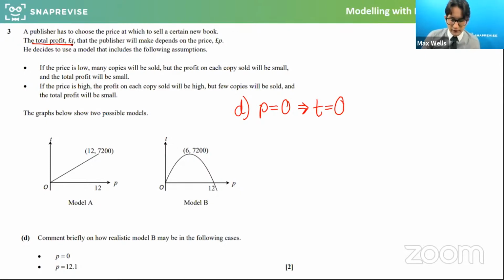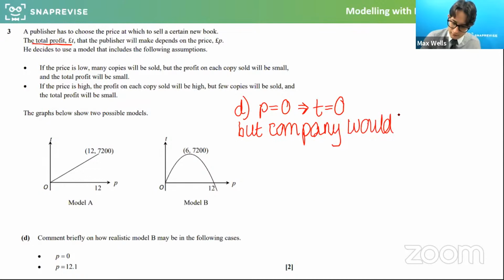So if I kind of gave them away, if I priced it at 0, can you guys see that this would actually not mean 0 profit, but instead the company would probably suffer a loss because of the cost of everything behind the manufacturing. Oops, sorry about the pen there, guys. Company would have a loss due to publishing costs, due to costs.